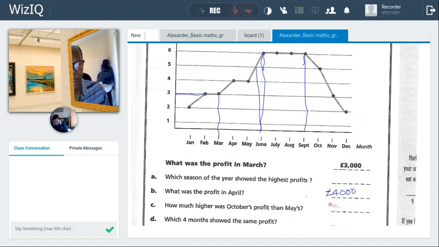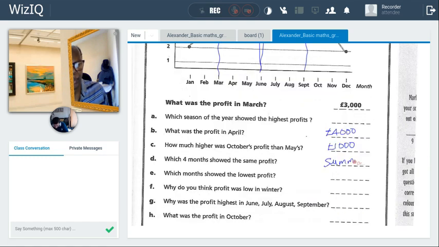So you find the difference. Which 4 months showed the same profit? June, July, August, September, the same summer months. The next one is which month showed the lowest profit? January and December.